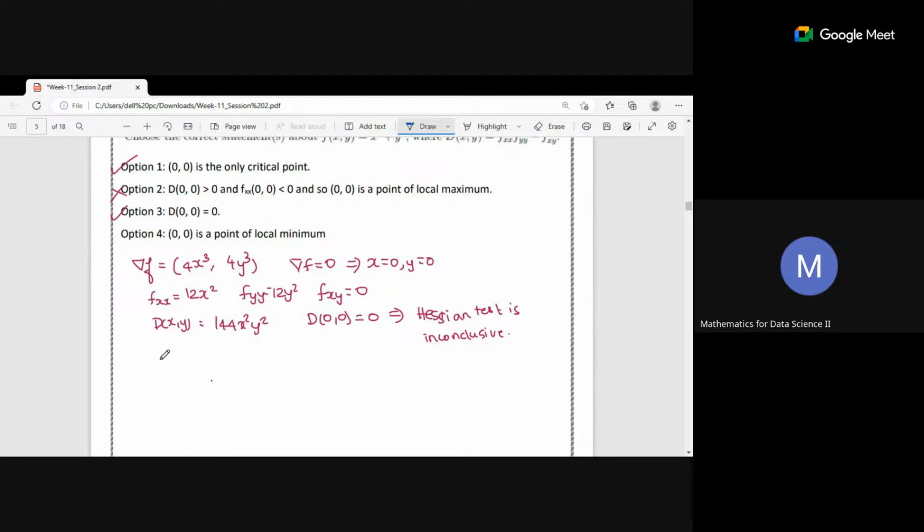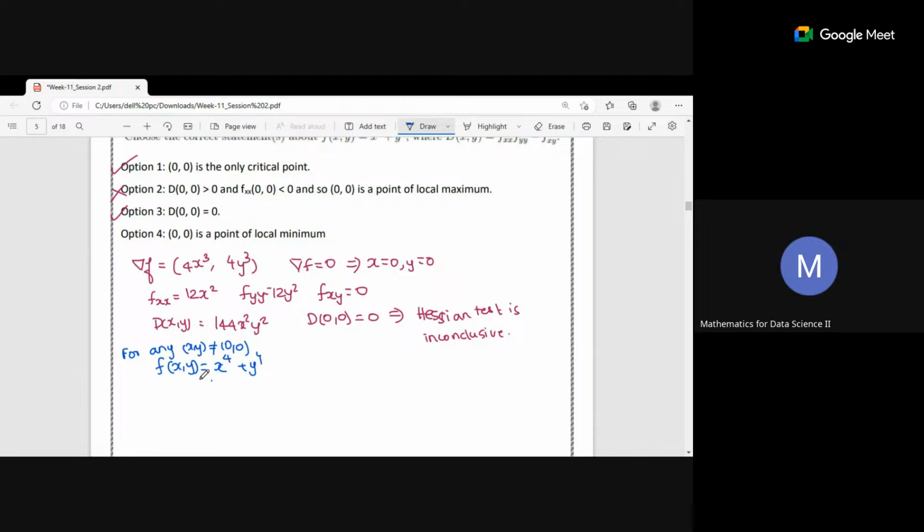So here, in general, you take any f of x comma y. The function is defined as x power 4 plus y power 4. You take any x comma y not equal to 0 comma 0. They take any value other than the origin.